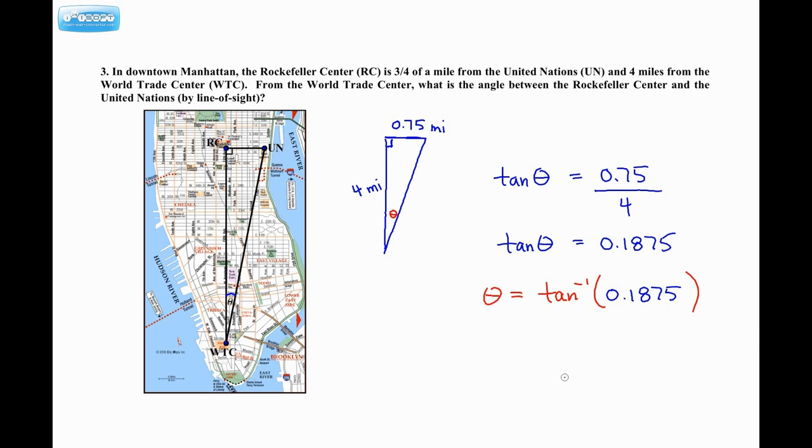Okay. So take out our calculator. So inverse tan of 0.1875, I get approximately 10.6 degrees. Okay, that's pretty small, and judging from the picture, the angle does seem, well, not that big. So there's our answer.